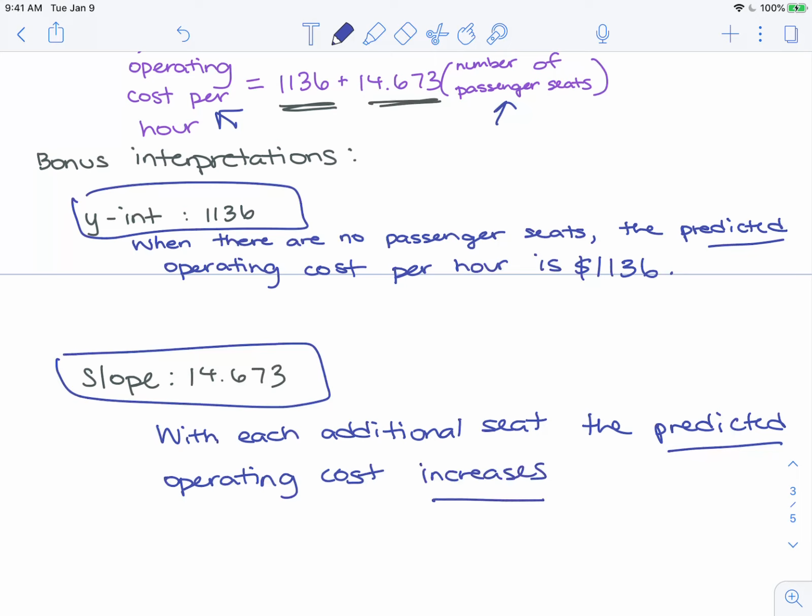Now, I'm using this word increases because this slope is positive. If the slope was negative 14.6, then I would say decreases. Increases by the slope, which is 14.67. We're talking about money, so I'll just cut off that 3 there. Okay, there's your prediction. Interpretations right there. Okay. Bye.